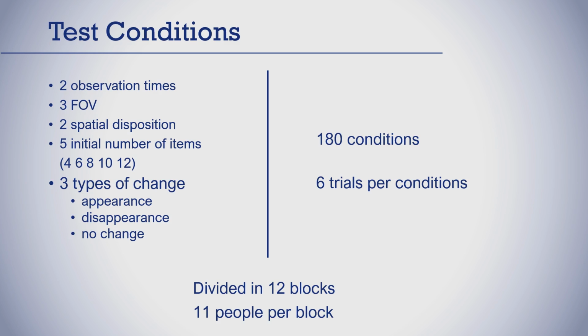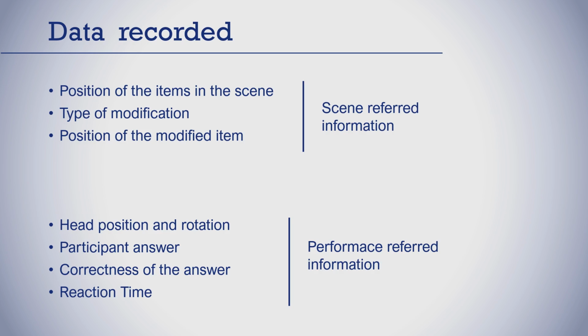For simplicity, we divided all these trials in 12 blocks. The order of the 12 blocks was chosen randomly, differently for one participant and another. And in each block, the order of presentation of the number of items was random, and the position of the object in the scene was random.